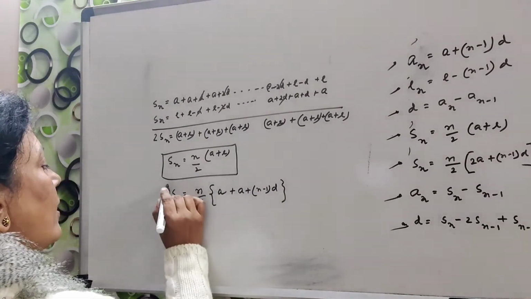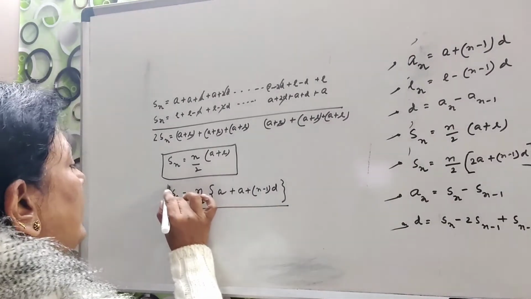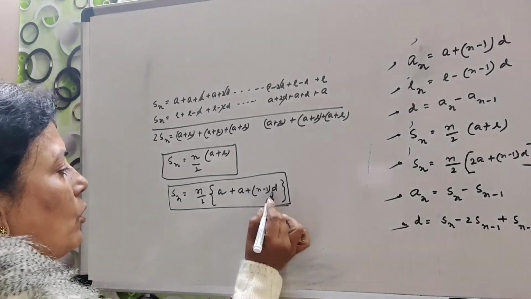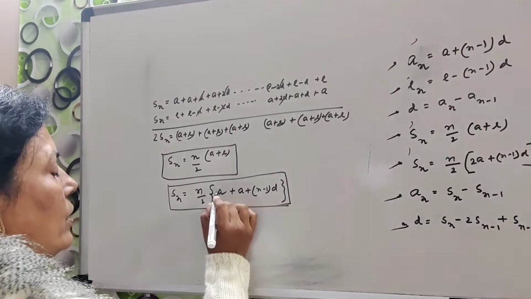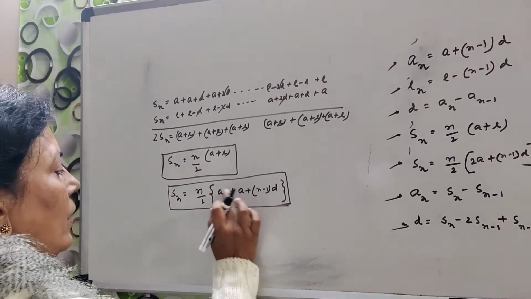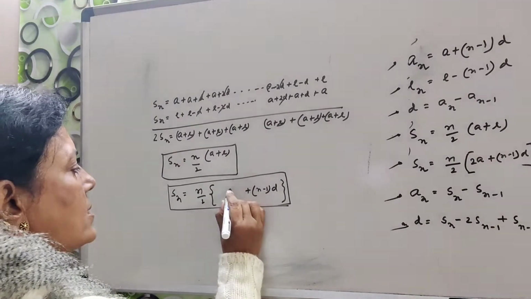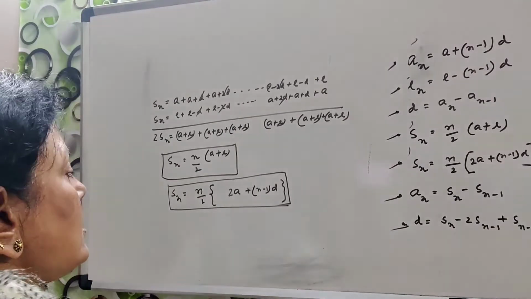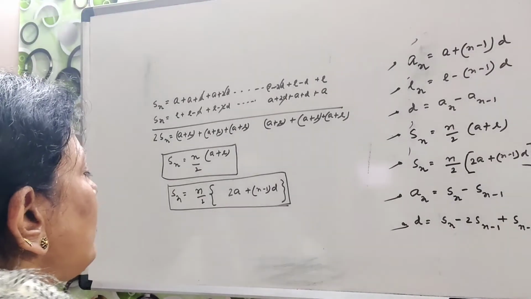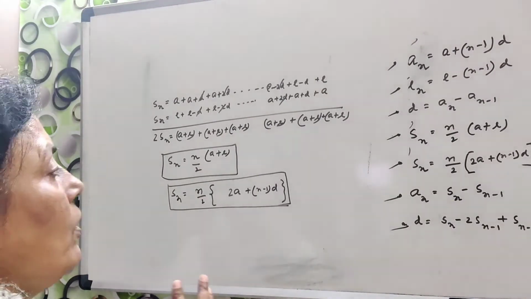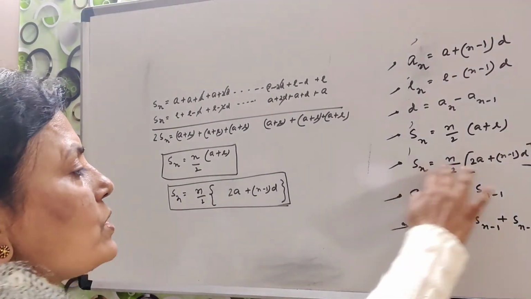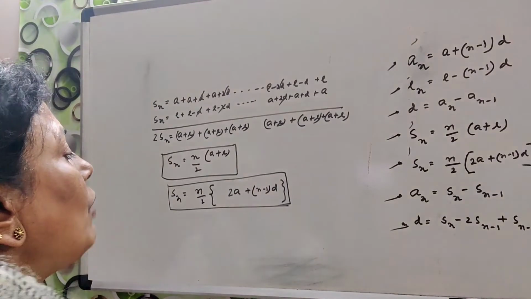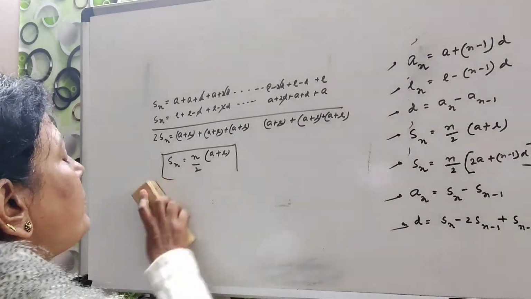This is the general formula of the summation of n terms when the first term and common difference are known. Next, A plus A means twice A, plus (n minus 1) into D. So this is the governing formula, or mathematical expression, of the summation of n terms. This is also over.